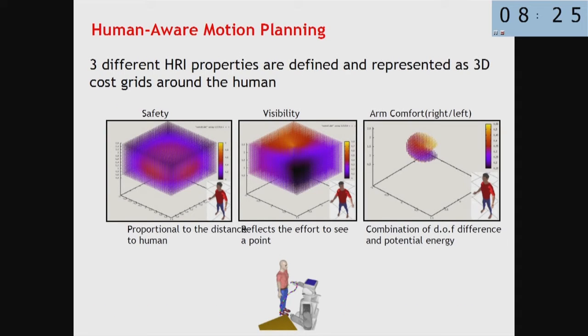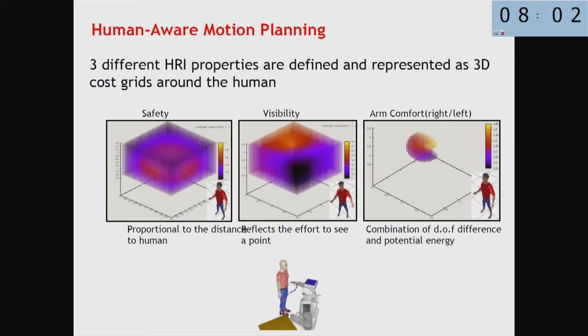So to do this human-aware motion planning, we have done several computations. Perhaps I won't go too much into details. For example, here we just use three properties, which are safety. For sure, we will avoid approaching the human too much.